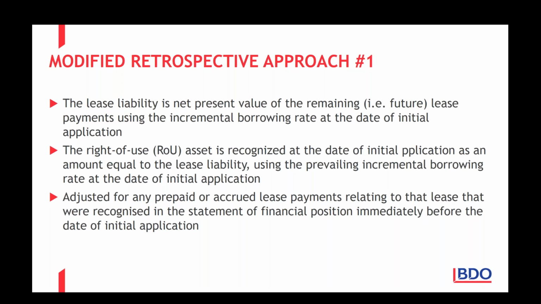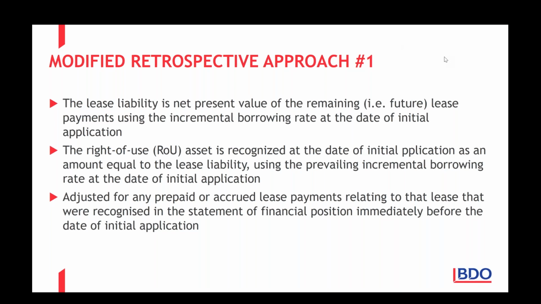So what you're going to do here is you're going to say, what is my lease liability on the 1st of January 2019, just looking at the future. And then you're going to say my right of use asset is that lease liability plus or minus that old accrual in terms of AASB 117, because we have to get rid of it in some way.